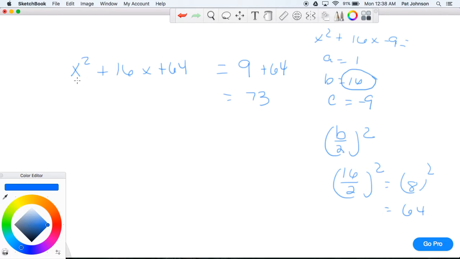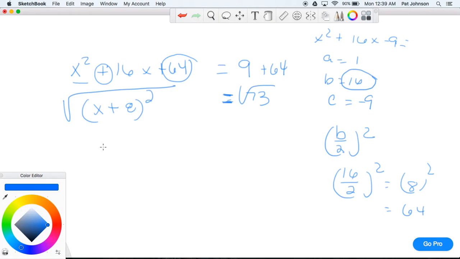To factor it, you take the square root of the quadratic term, this sign, which is plus, and the square root of the constant term, which is 8, and now we have it squared. Now we can use the square root theorem. If I take the square root of both sides, I get x plus 8 equals plus or minus the square root of 73. Then I subtract 8 from both sides, so I have x equals negative 8 plus or minus the square root of 73.